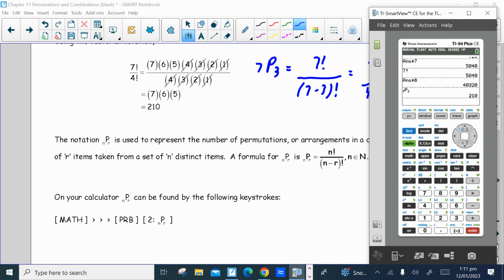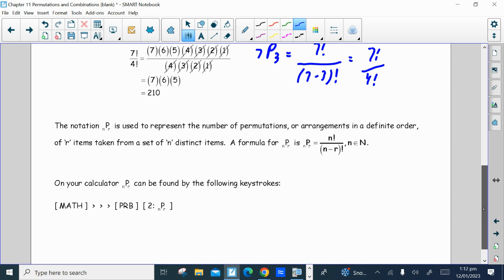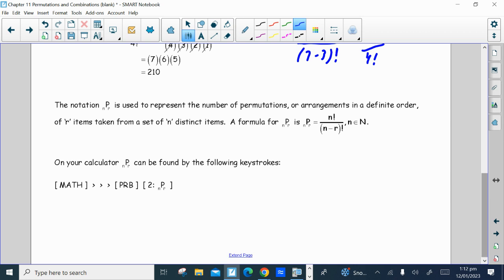Older operating systems won't actually show the 7 and the 3 as subscripts. After you put the 7 and then choose nPr, it'll actually say nPr. Then you put your 3 in after and hit enter, and it'll give you the same answer. So this is what we can use when we're not using all of the objects for an arrangement, only some of them.